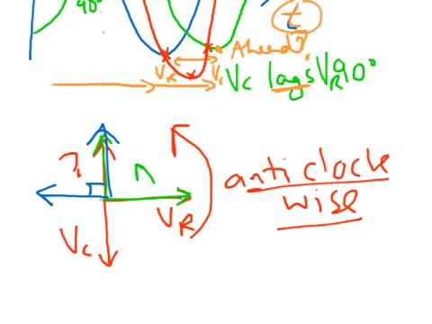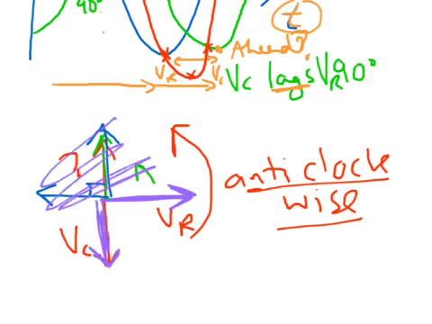Now, when we're considering the two, sorry to use so many colours, but we'll make this our main one we're talking about now. This is VR, and this is VC, and the other ones we're ignoring for now. We'll deal with that in later videos. But if we're trying to find the supply voltage, we can just add these two phasors as we would add vectors, top to tail, to find the supply.